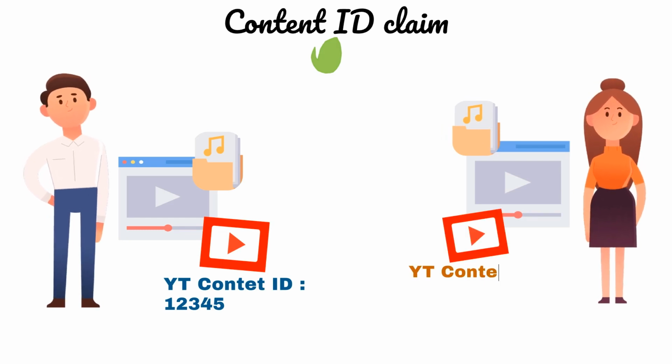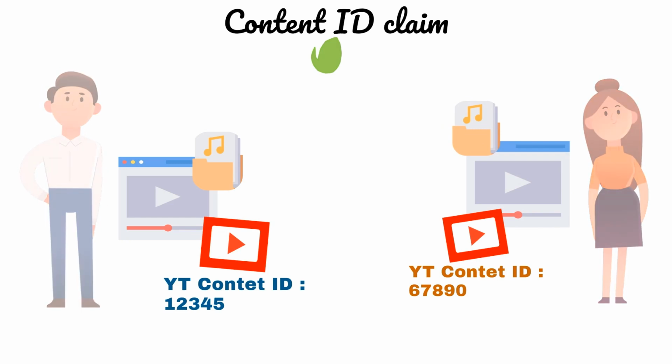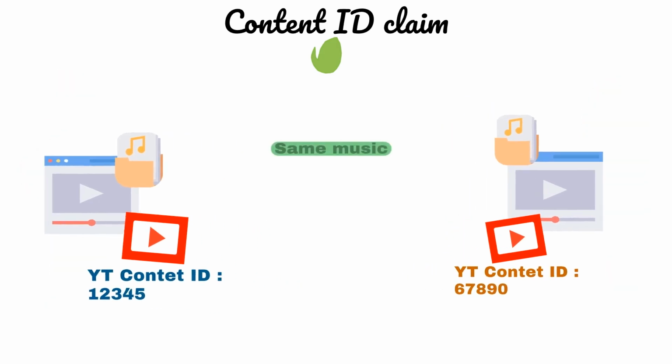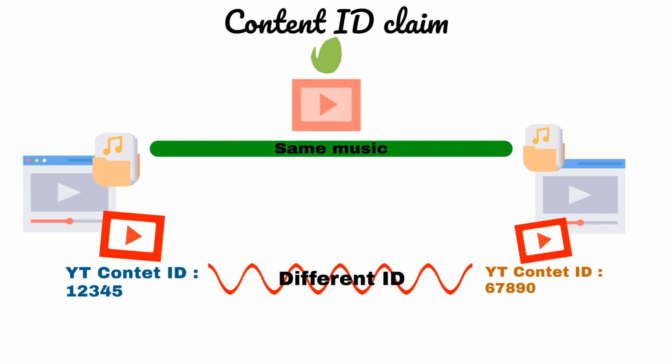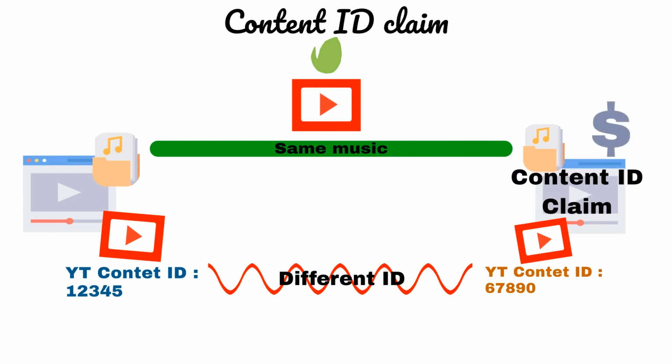And YouTube will give the new video another content ID. Then YouTube will see that this new video has a piece of music that is present in another video on YouTube. So to figure out what has happened, YouTube will give the new video a content ID claim and it will prevent this video that has the content ID claim from being monetized.